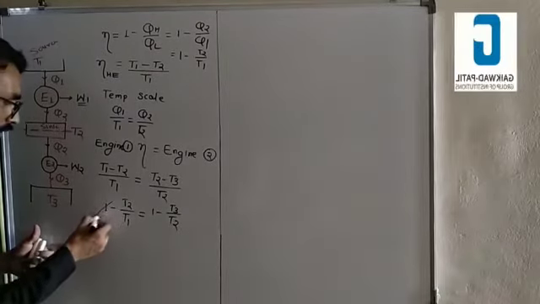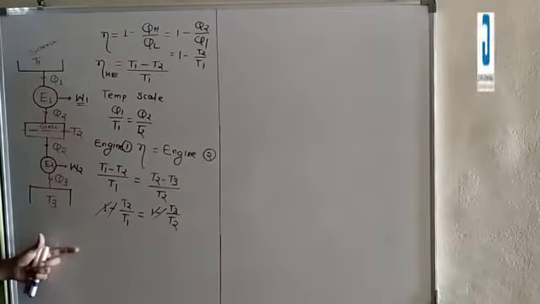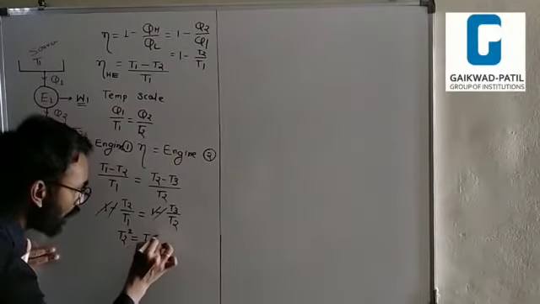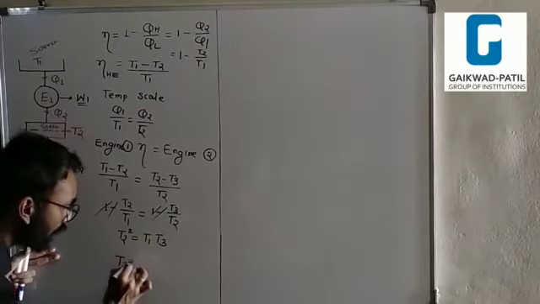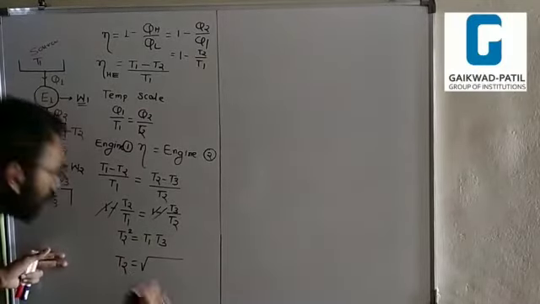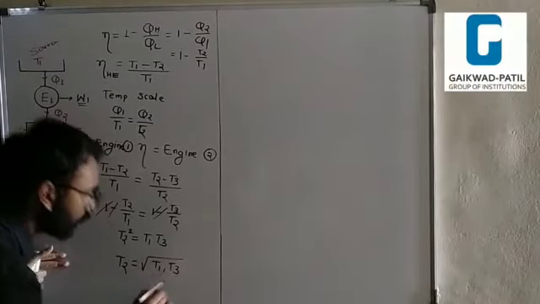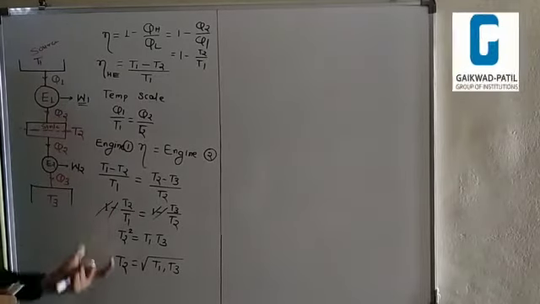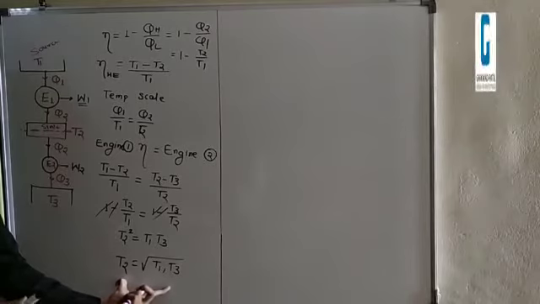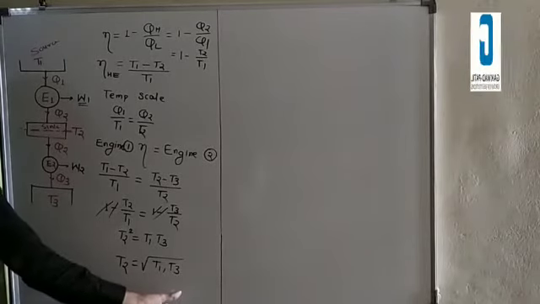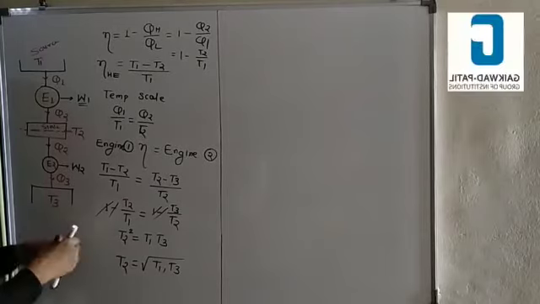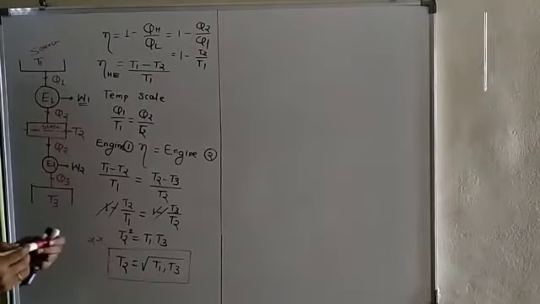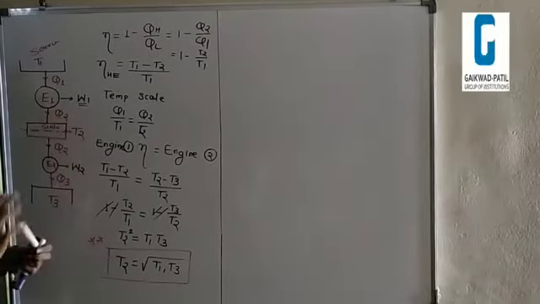The 1 and the negative sign will cancel, and T2 squared is equal to T1 times T3. So T2 is the square root of T1 times T3. Where the efficiencies of engine A and engine B are equal, you can calculate the intermediate temperature from temperatures T1 and T3 using this root. This is a very important relation to find the intermediate temperature between the two engines.